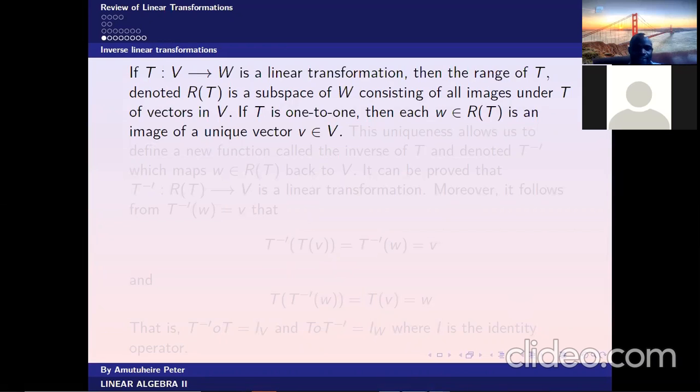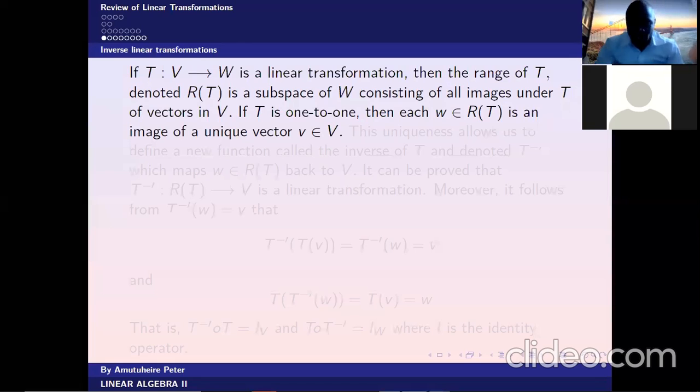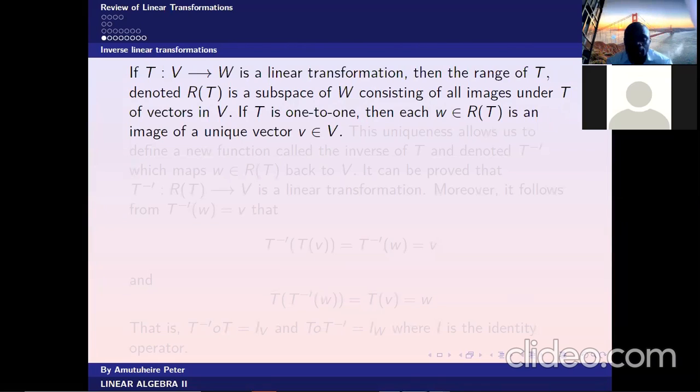We see that linear transformations, just like we said to start with, are functions, and for any function, even when we are studying functions in senior 3 mathematics, or for those of you who are actively teaching functions, you know that you can get inverses for those functions.